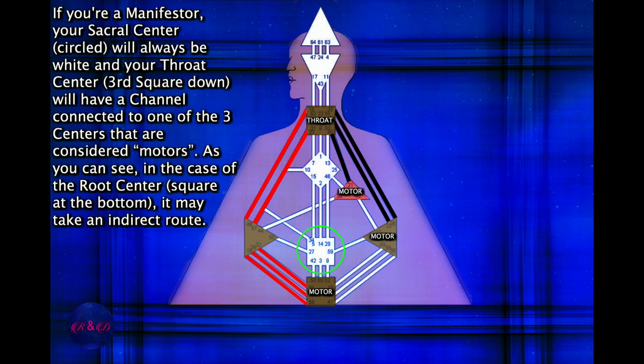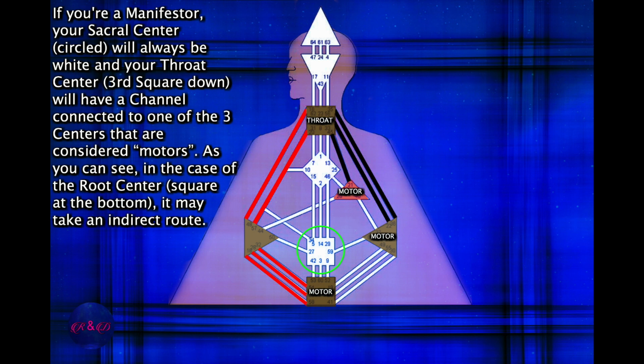As you can see in this case of the root center, the square at the bottom, it may take an indirect route. So this is kind of a complex idea. You'll just notice that on your chart, it'll say type manifestor. And that's really all you need to know.